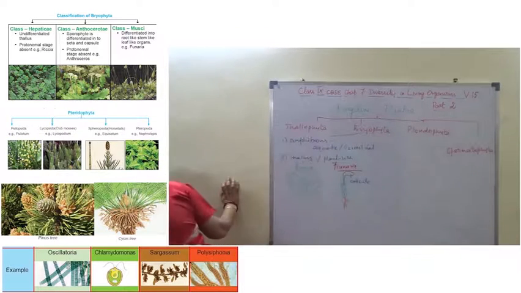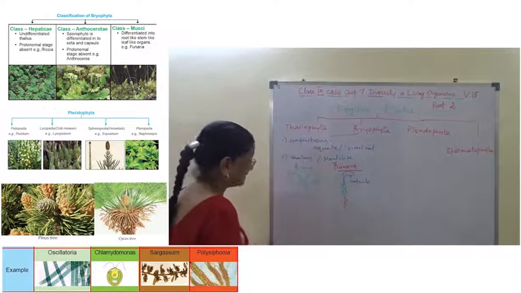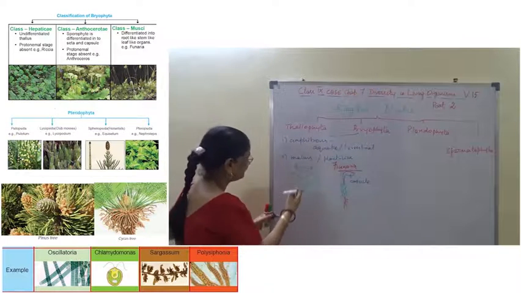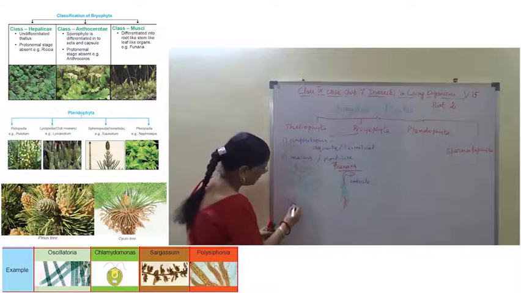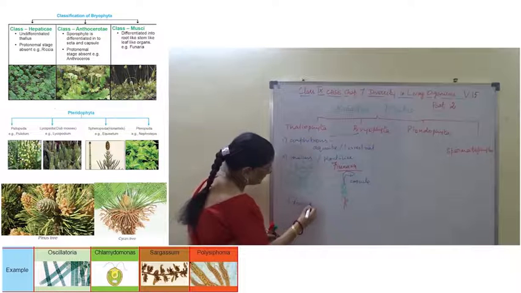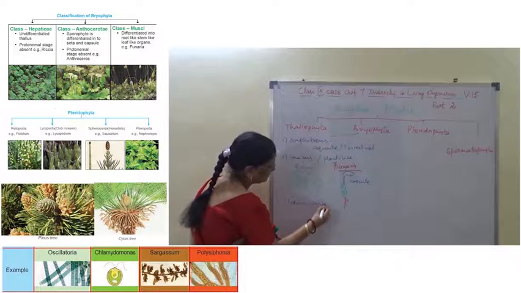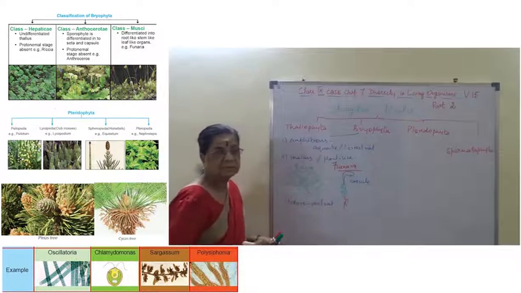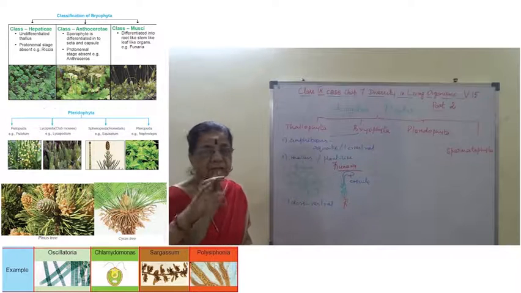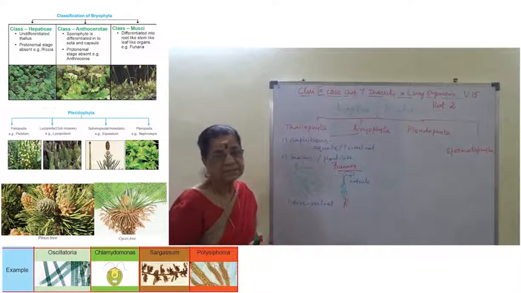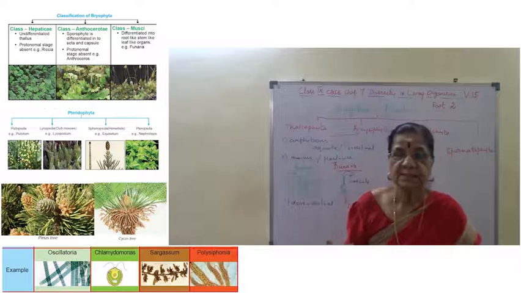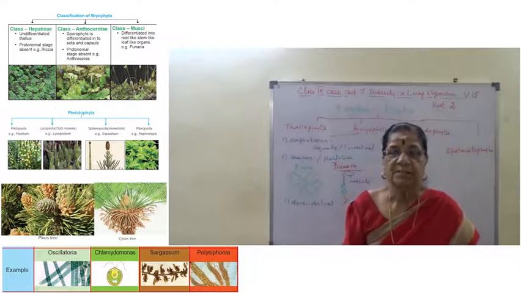Now this Riccia and Marchantia first have a dorsiventral thallus. Dorsiventral means having a dorsal side and a ventral side, that is anterior and posterior, top and bottom.